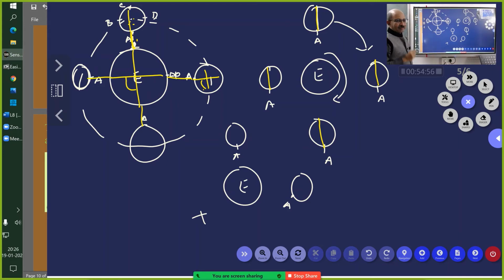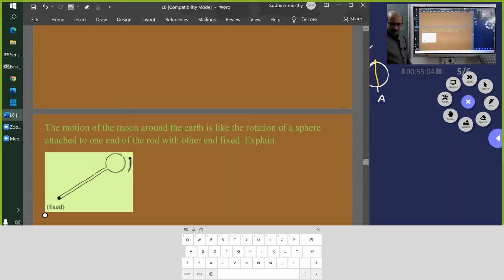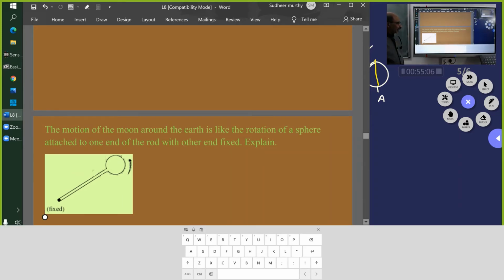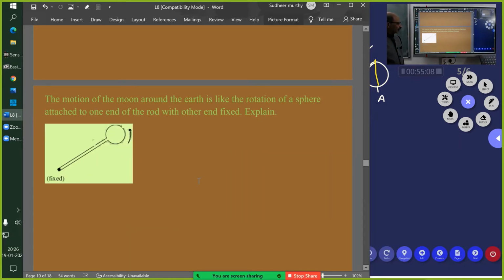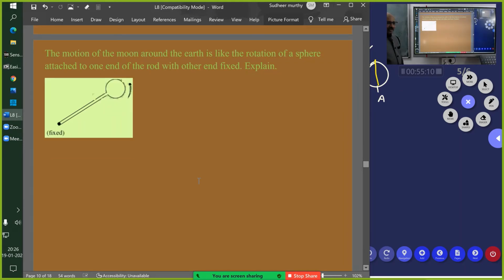Even where the rotations are, what are the points, that's also... Okay, fine. So you are not able to decide what type of motion that is. Is it only rotation or curvilinear translation? Definitely not only curvilinear translation, but is it a combined motion of both?